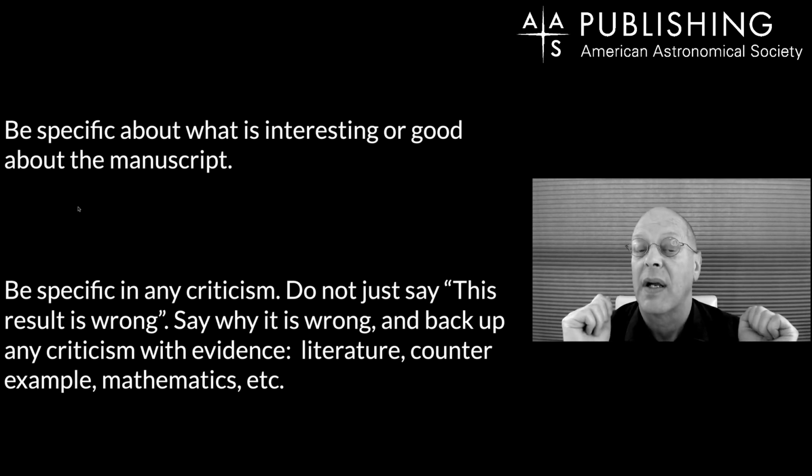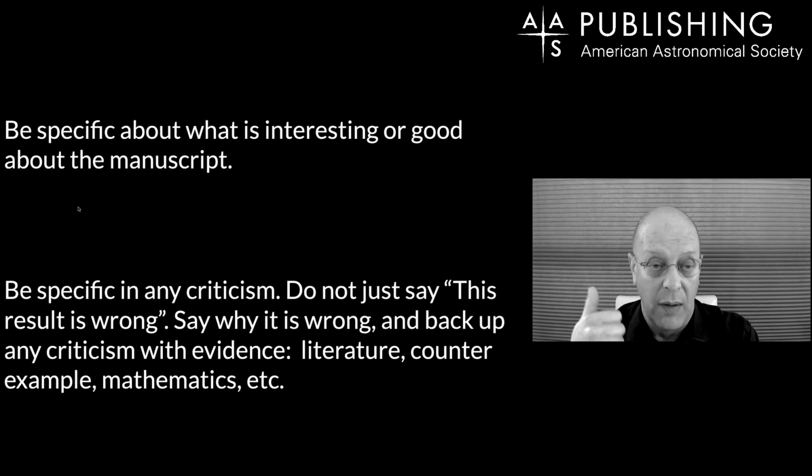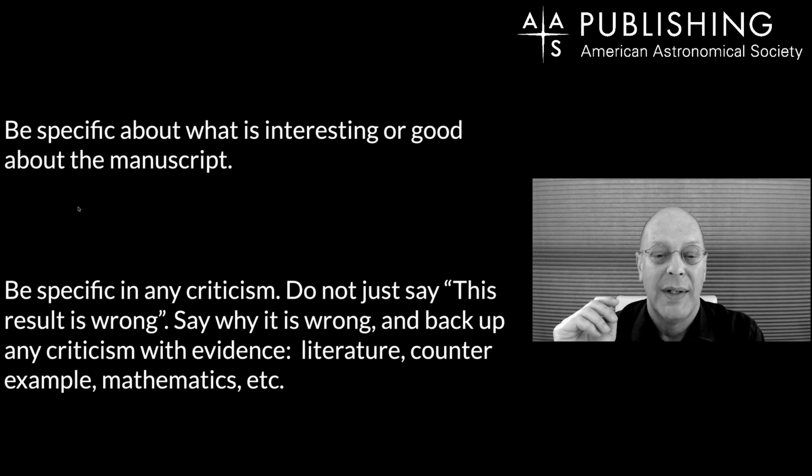And that evidence can come from the literature. 15 people have gotten result A. These authors get result B. Why? Give counter examples. Plenty of those. Well, here's a system that violates the results of the manuscript, so how does this fit in?